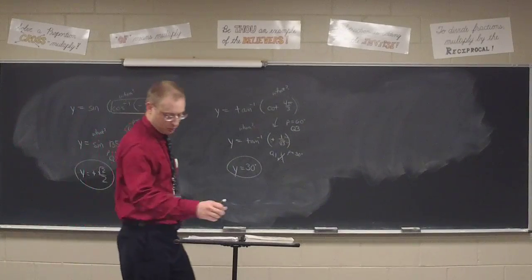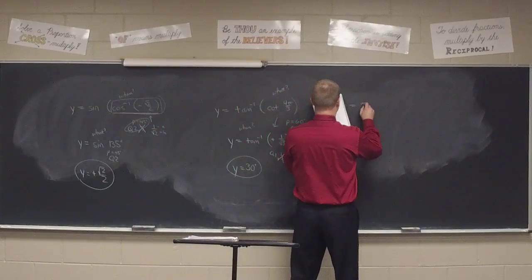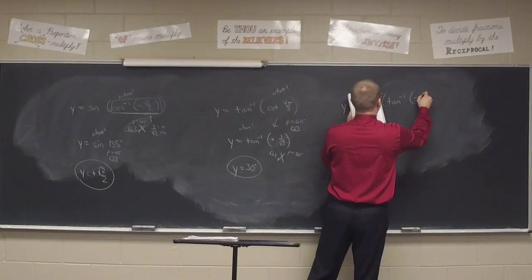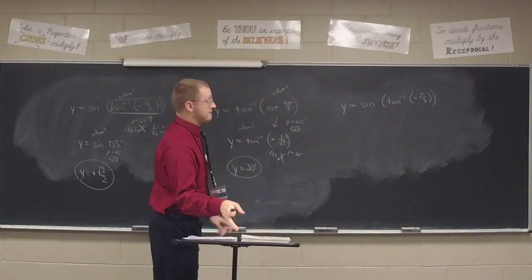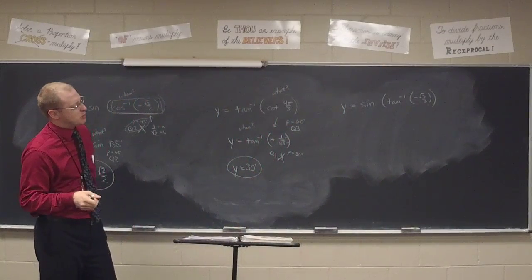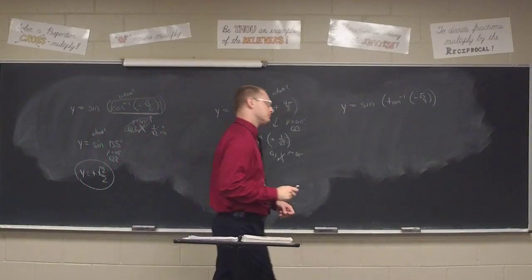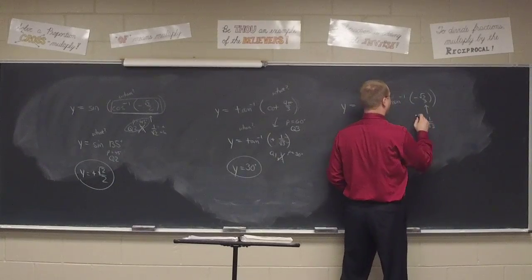Let's look at number 20. We have y is equal to the sine of the arctangent of negative square root of 3 over 3. I look at negative square root of 3 over 3 and I think to myself, I don't like that. Let's unrationalize it and make it a negative 1 over square root of 3.